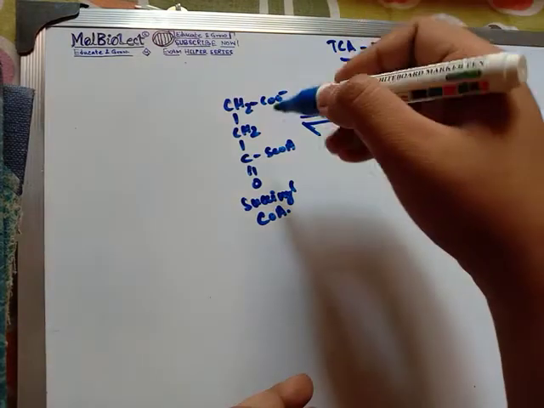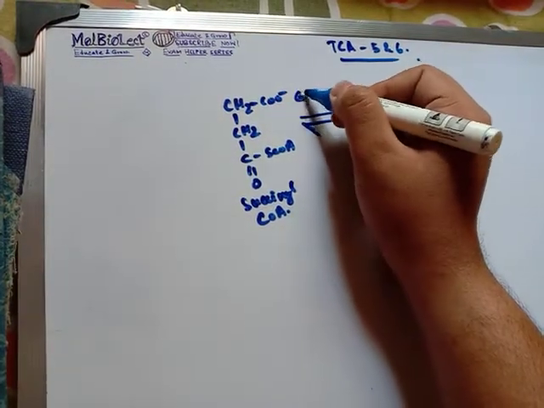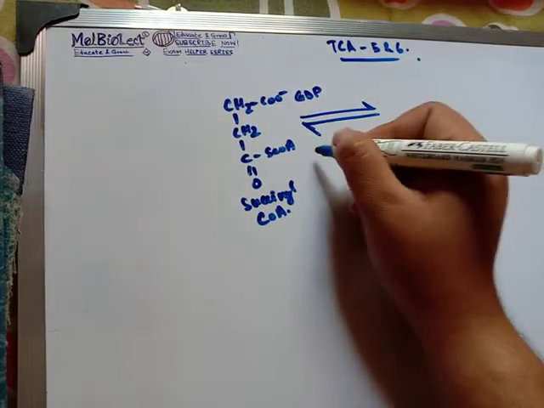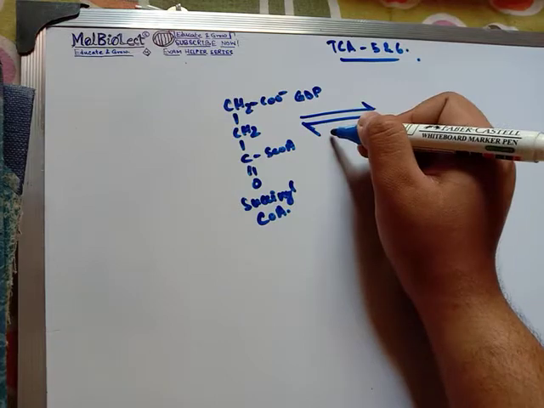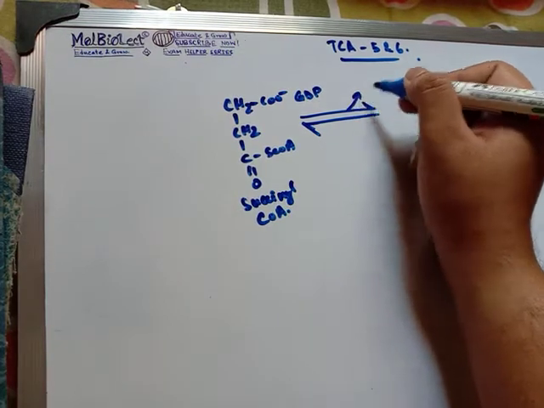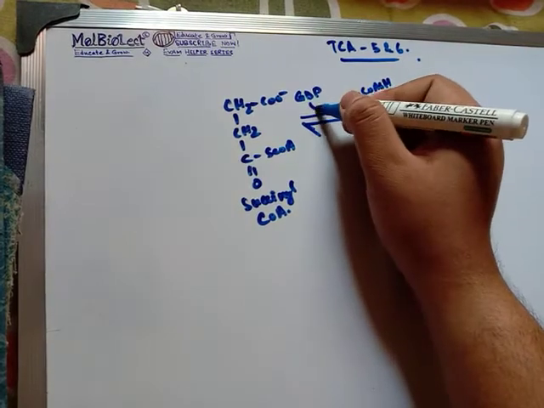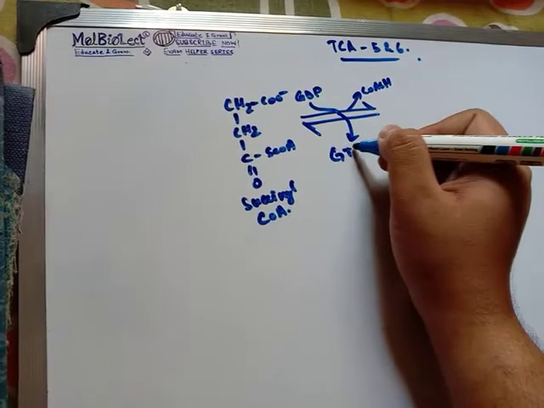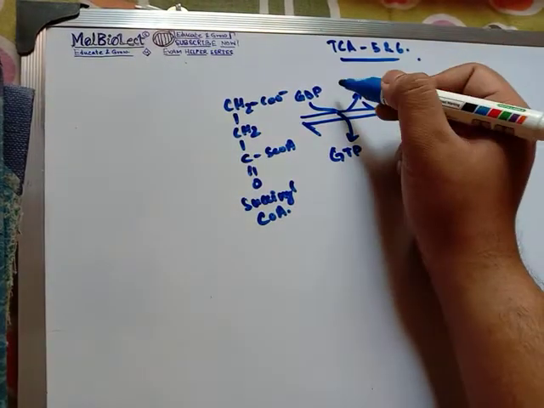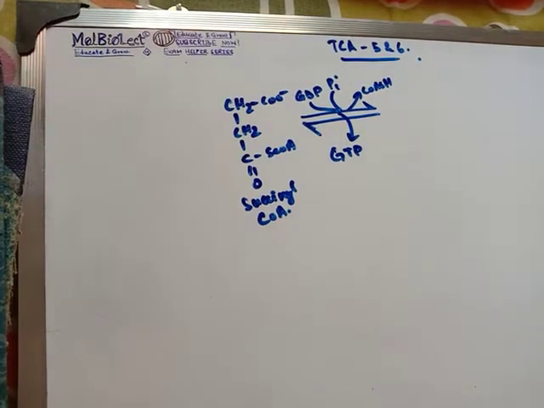Here it is getting converted to succinate, and for doing that we need first of all GDP. Coenzyme A is released and GDP enters. It gets out as GTP, and also we need Pi, inorganic phosphate, for this reaction, which gets converted to GTP.